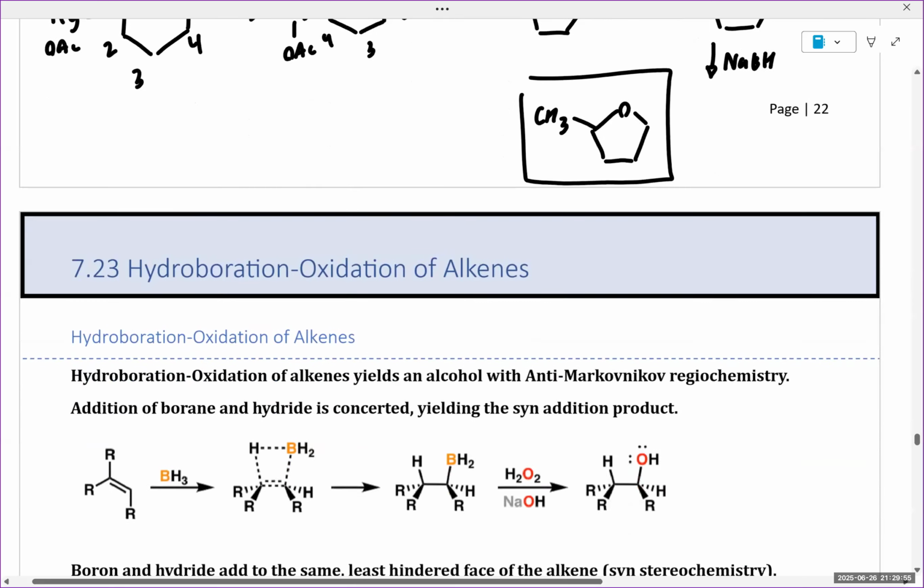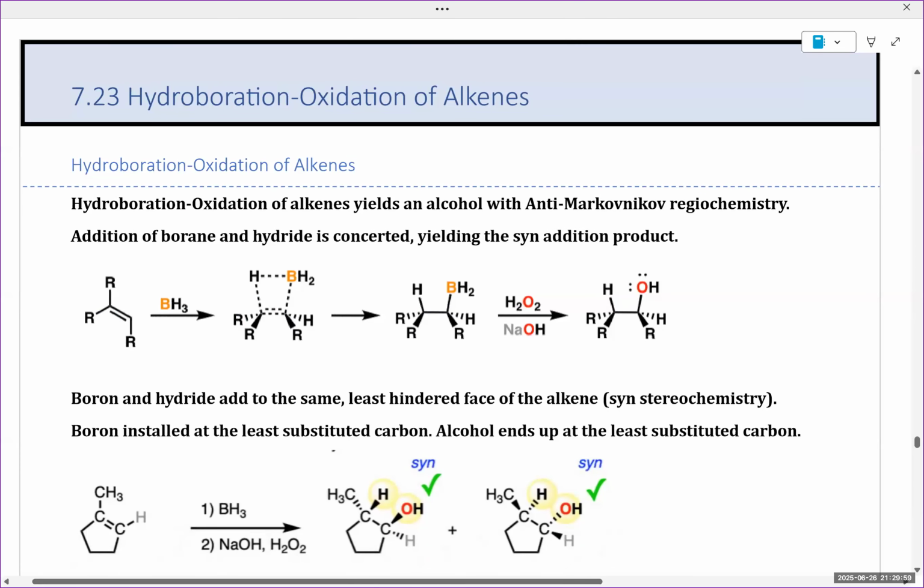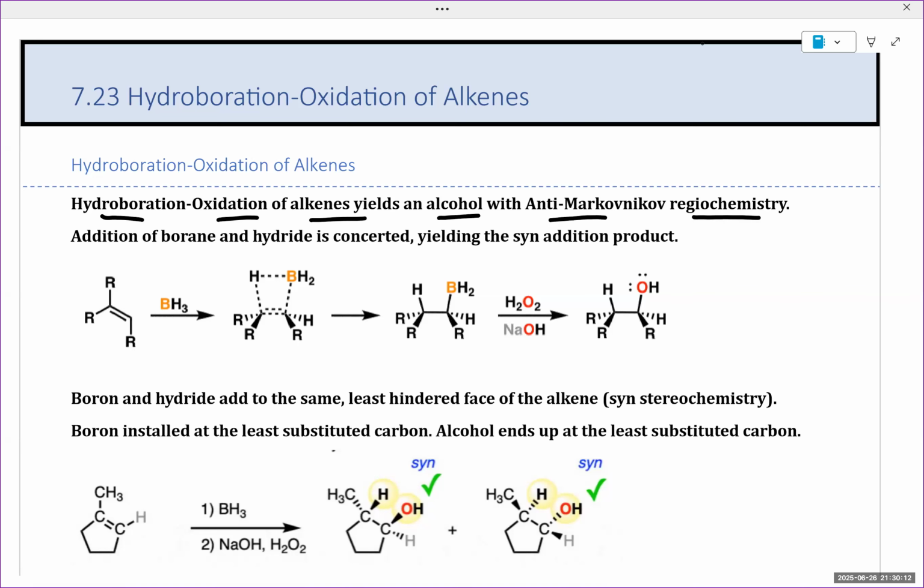Okay, let's keep going now. And we're moving on to a new class of what I like to call concerted alkene reactions. In this case, we have hydroboration-oxidation. So hydroboration-oxidation of alkenes yields an alcohol with anti-Markovnikov regiochemistry. The alcohol is installed at the least substituted position.